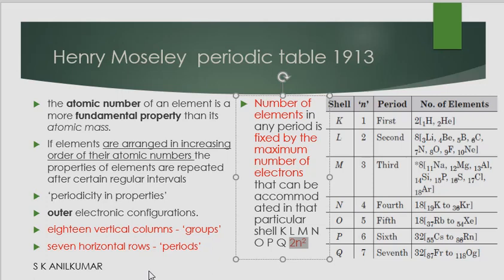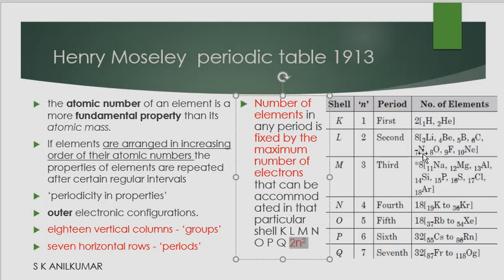K, L, M, N, O, P. The maximum number of shells known to us today goes up to Q. In L we have an octet. Octet is 8. So in K we have only elements with atomic number 1 or 2 because maximum 2 electrons are possible in K shell. In L shell maximum 8 electrons are possible.